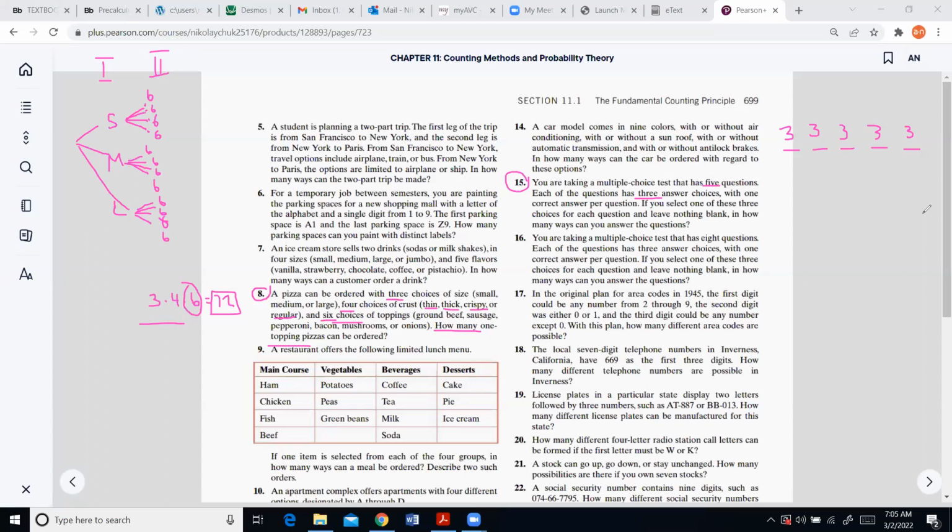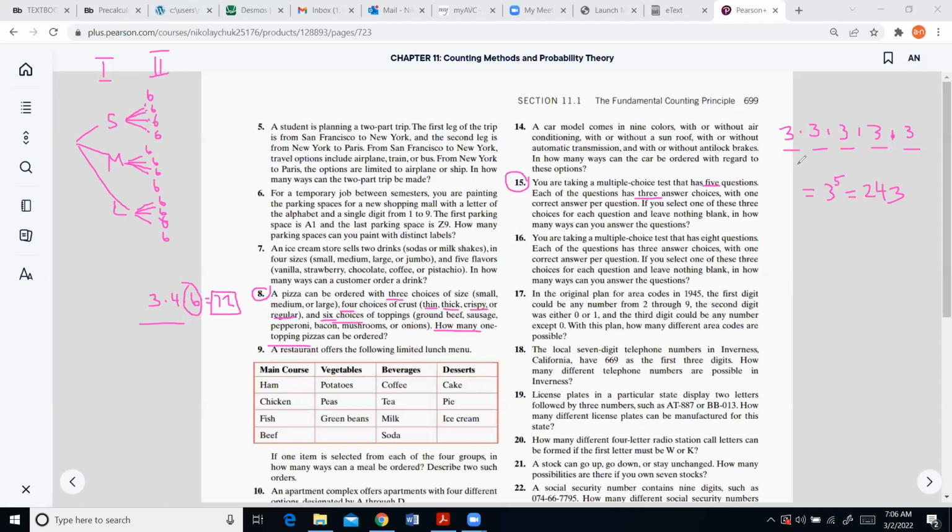Okay, so how many ways can you answer this? So it's 3 and 3 and 3 and 3. So it looks like you have to multiply, right? 3 with itself 5 times, or 3 to the power of 5. And we'll multiply it, looks like 243. So that's the multiplication rule. Please notice this is a little bit different because you're not having the pizza-like story like a tree diagram.